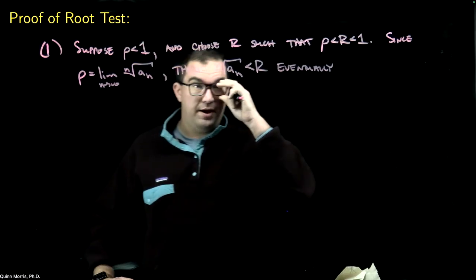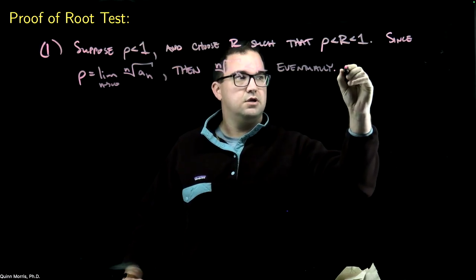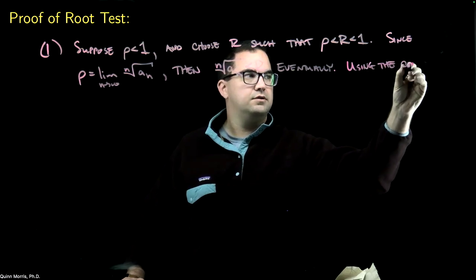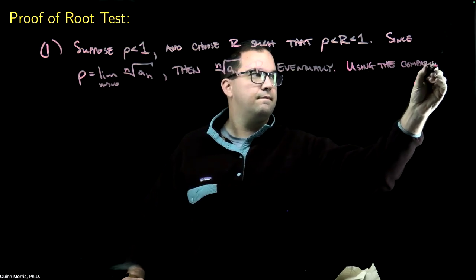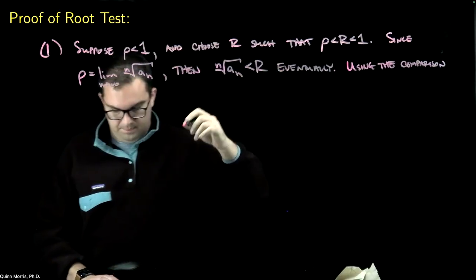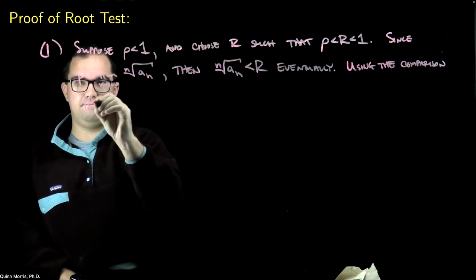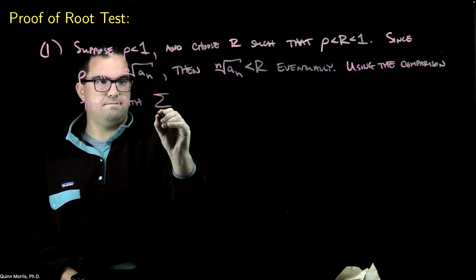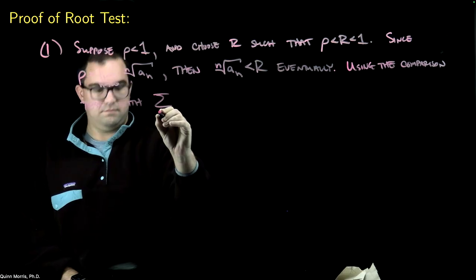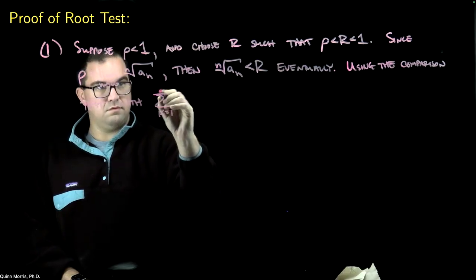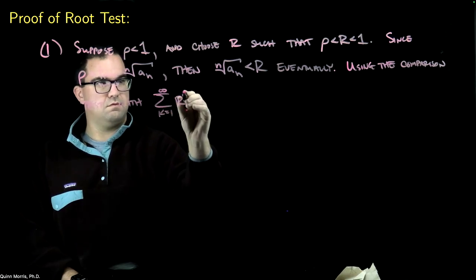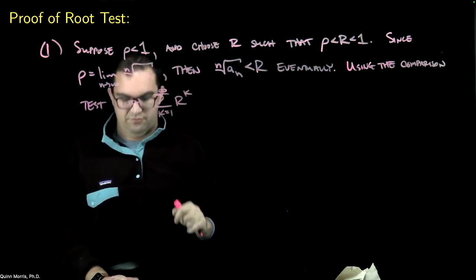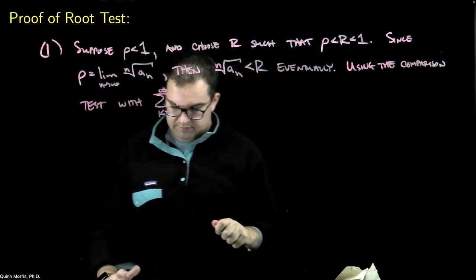So then, if we use the comparison test, okay, capital R is strictly less than 1, so this is a convergent geometric series.